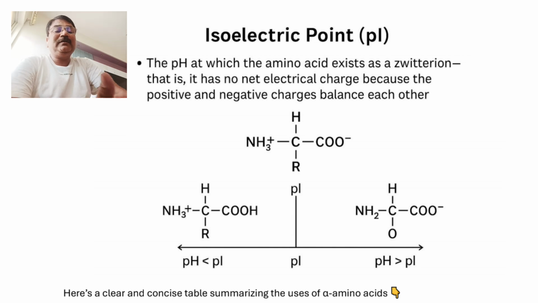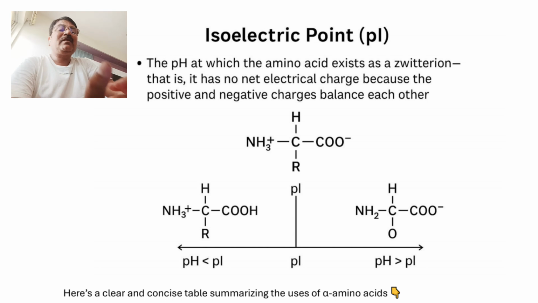The solution is taken in an electrochemical cell. If it has a positive charge, it is attracted to the negatively charged electrode, and if it has a negative charge, that means higher pH, in the base. If the alpha amino acid has a negative charge, see the structure on the right side, it gets attracted towards the positively charged electrode of the electrochemical cell.